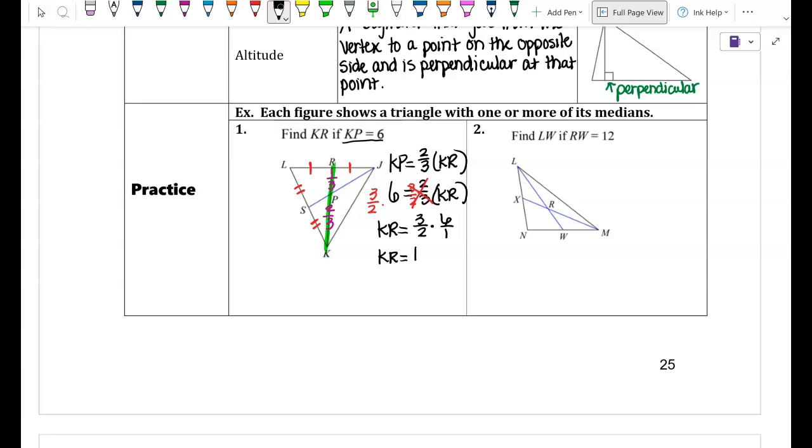So 3 times 6 is 18, 2 times 1 is 2, and then 18 divided by 2 equals 9. So if KP is 6, that means that entire segment KR would have to have a measure of 9.